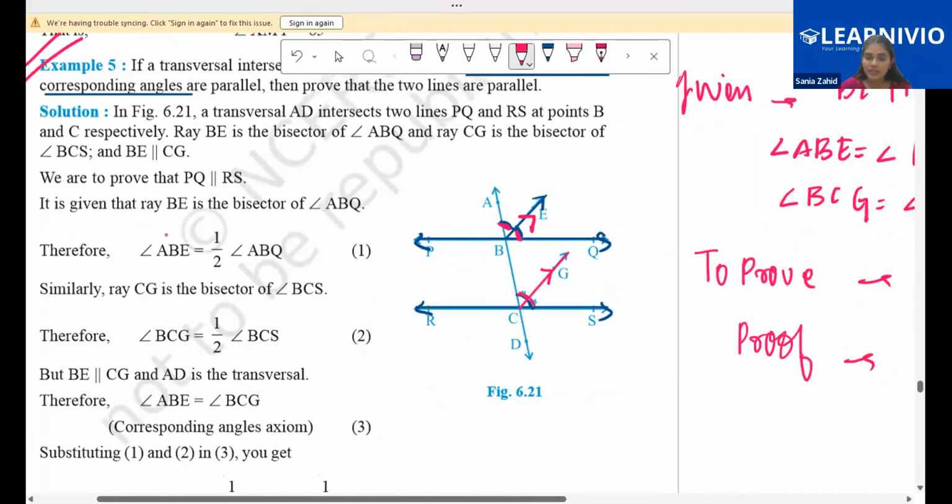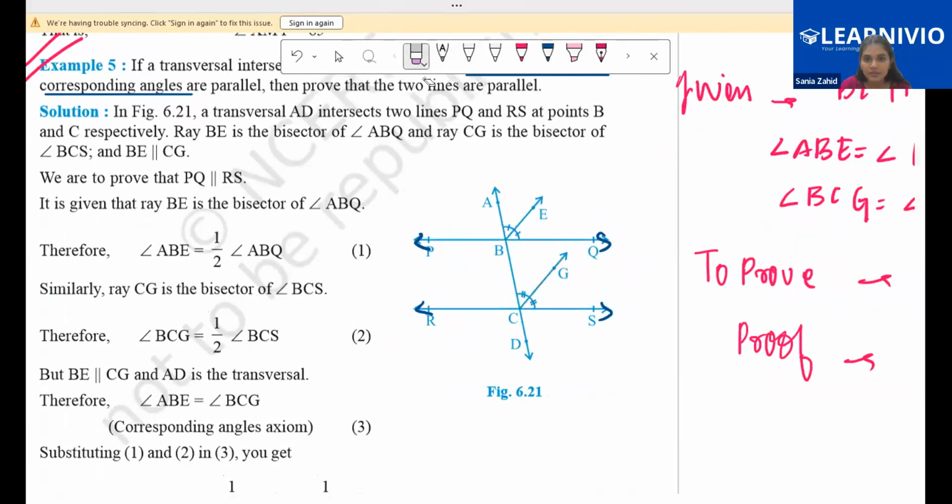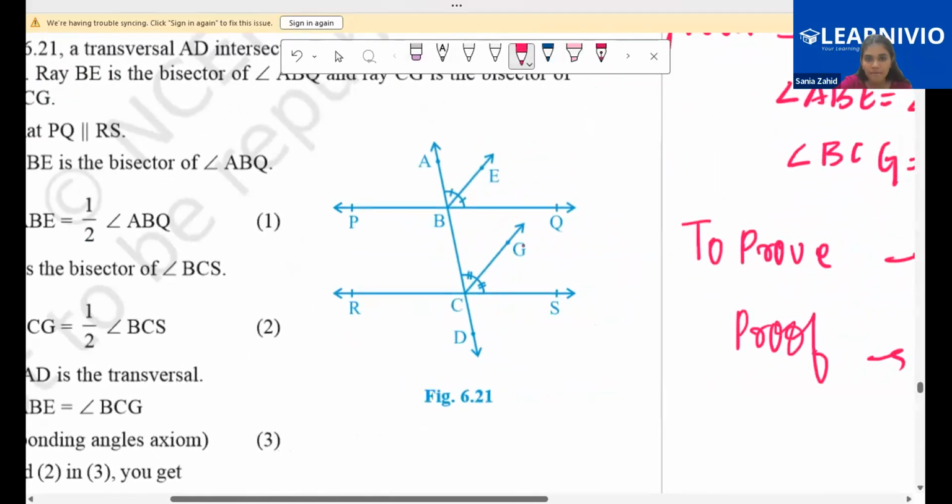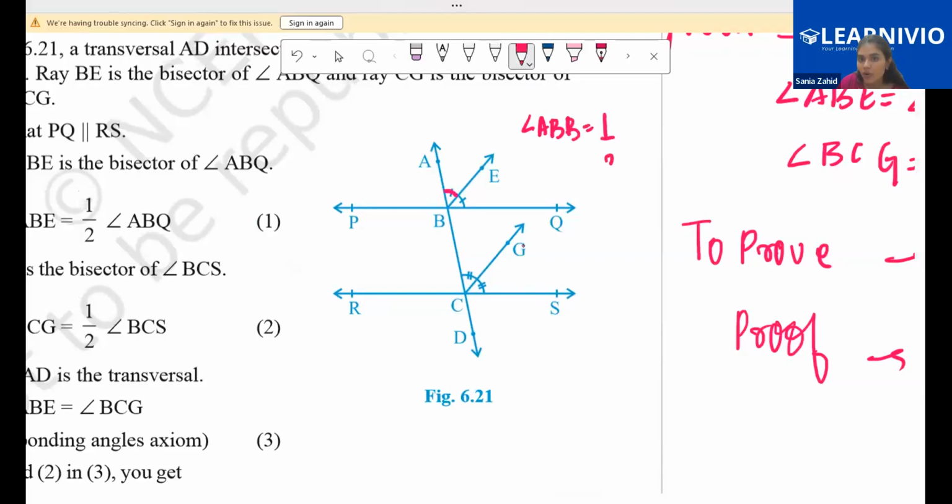So children, tell me one thing. Can I write, look at the figure, that this angle ABE is equal to half of the whole angle, half of angle ABQ?